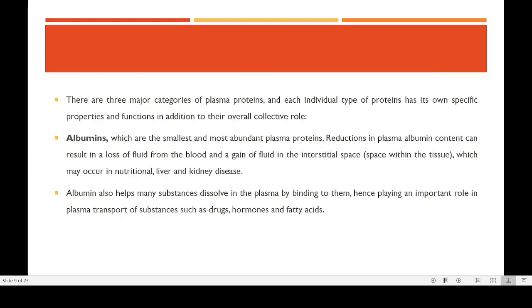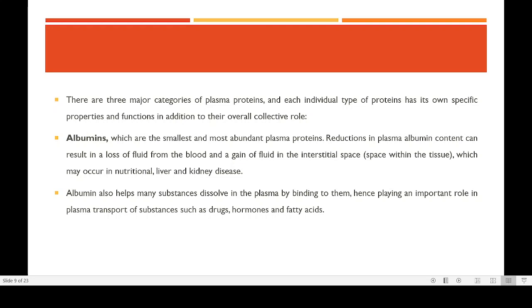Now we will see the first one, albumin. If you look at albumin, they contribute the majority of the plasma protein. It is also mentioned that they are the smallest and the most abundant. Earlier you saw in the picture that 60% of the total plasma protein is contributed by albumin.